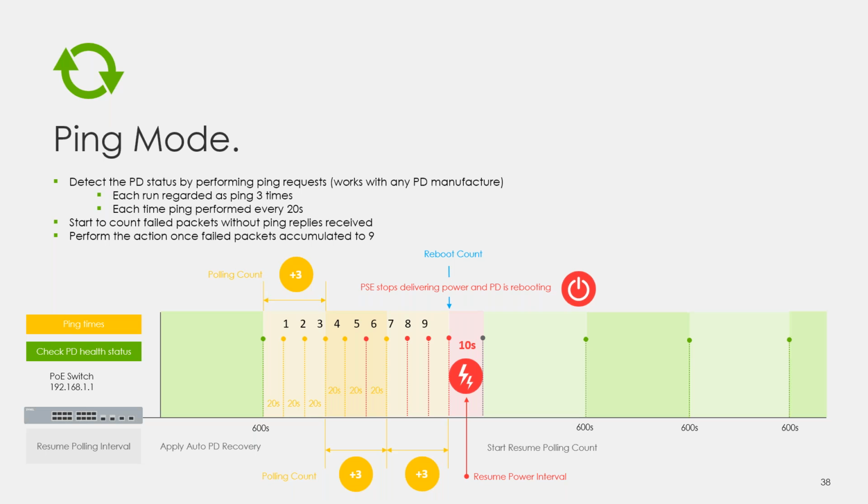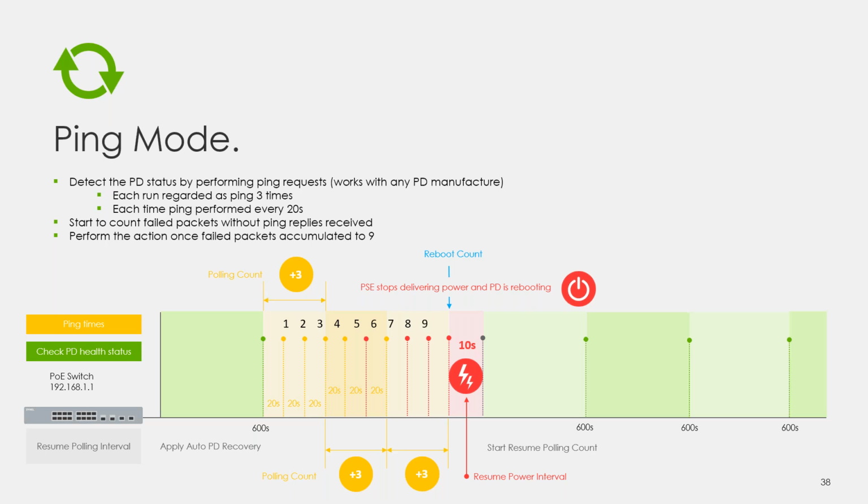So it pings the device in between the 20 seconds. It does this cycle 3 times and always 9 pings per cycle. So it has to make sure that you just do not lose 1 or 2 pings here and there for it to reboot the device, because especially with longer cables, you might see ping loss, you might see lost packets.